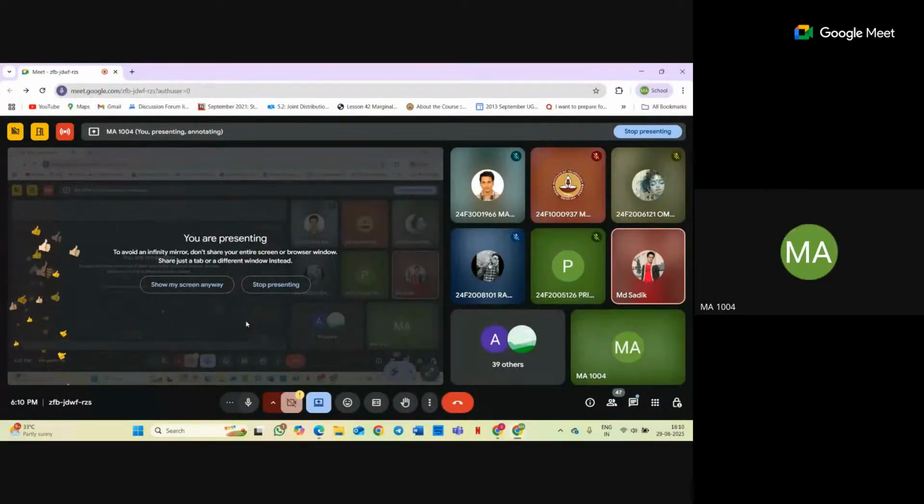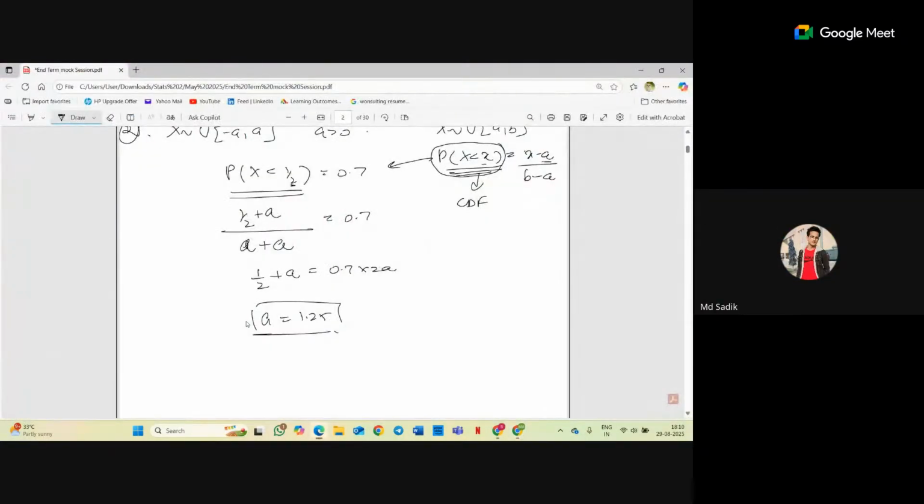Ma'am, in the numerator, 1/2 plus a, how can it be 1/2 plus a? How can we solve this?